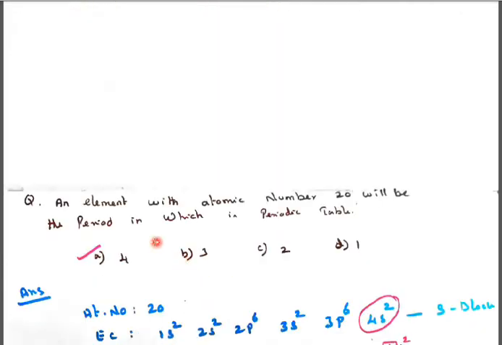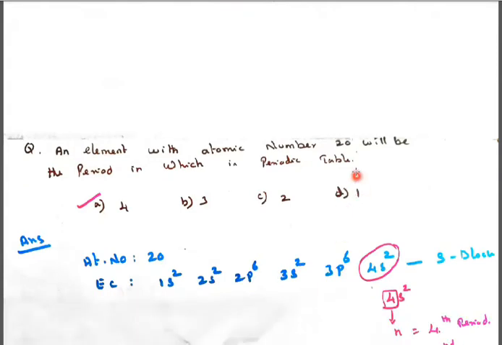Now see the questions based on the trick. The element with atomic number 20 will be in which period of the periodic table: 4, 3, 2, or 1? First write the electronic configuration for 20: 1s2 2s2 2p6 3s2 3p6 4s2. That is 2, 4, 10, 12, 18, 20.